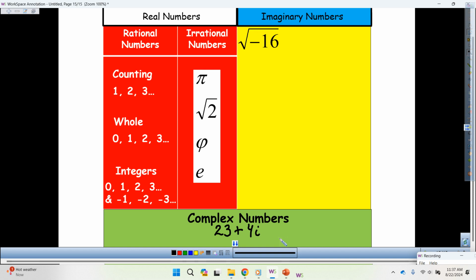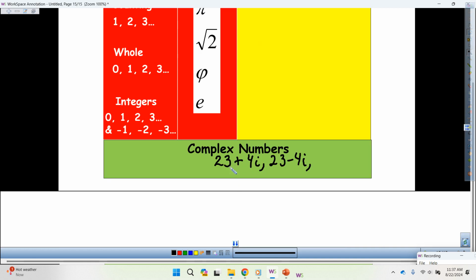Write that down. This is a complex number. If I wanted to write it with a negative i, it would be what? 23 minus 4i. So what can we conclude? That a complex number has what? A real number and an imaginary number.